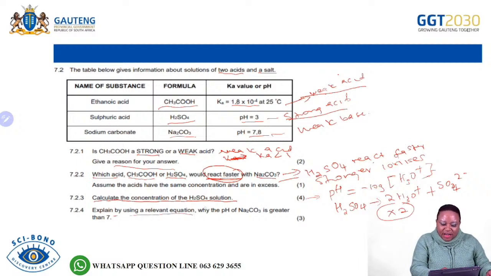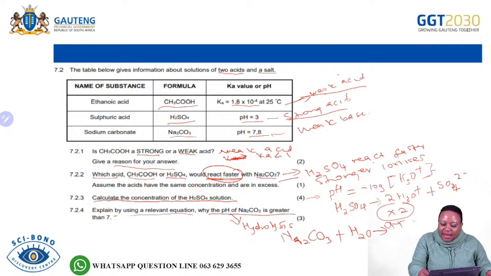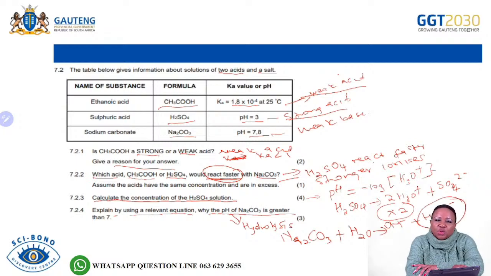Explain by using the relevant equation why the pH of Na2CO3 is greater than 7. This is through hydrolysis, where you make Na2CO3 react with water. OH minus ions are formed, plus H2CO3 as one of the products, because this is going to be the weak acid that is formed.